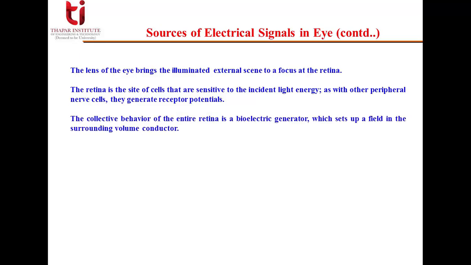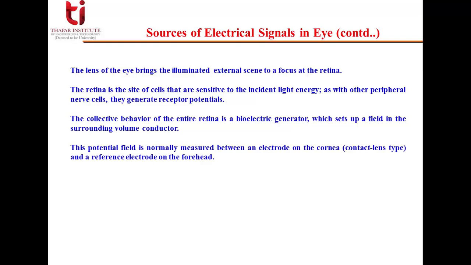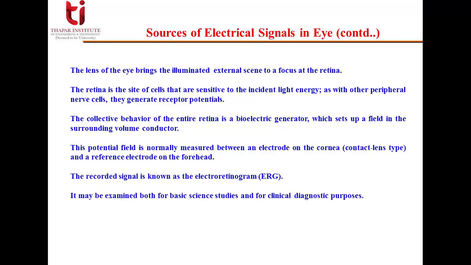Thus, the collective behavior of the entire retina is a bioelectric generator which sets up a field in the surrounding volume conductor. This potential field is normally measured between an electrode on the cornea, that is a contact lens type, and a reference electrode on the forehead. The recorded signal is known as the electroretinogram or ERG. It may be examined both for basic science studies and for clinical diagnostic purposes.